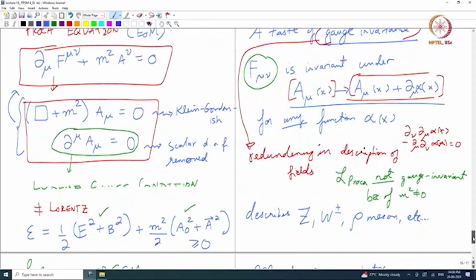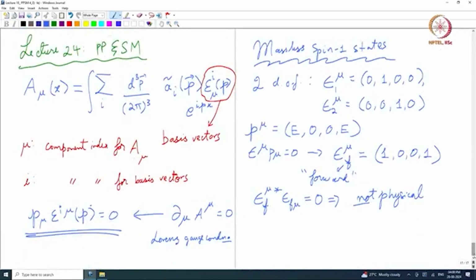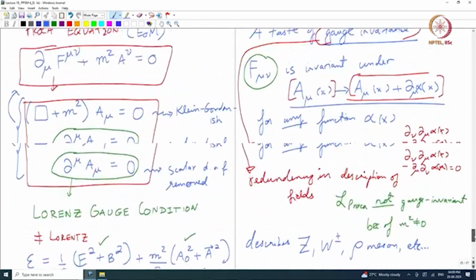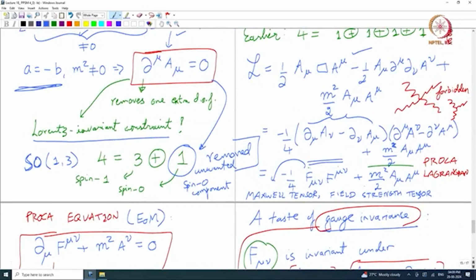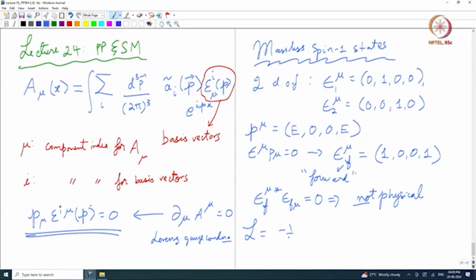So, do you agree that at this point I can now write down the Lagrangian without the mass term, I just set the mass to 0 here. So, for a free theory, this is my Lagrangian, that is it. Agreed? Okay.